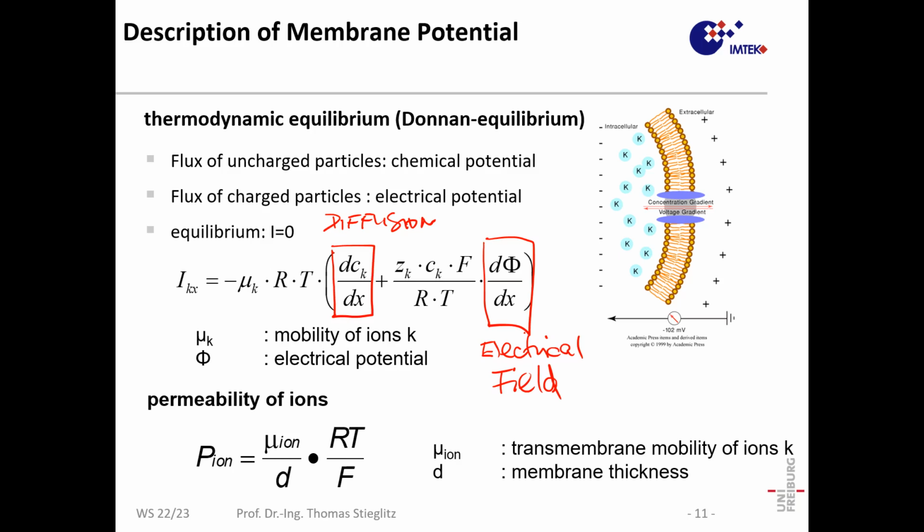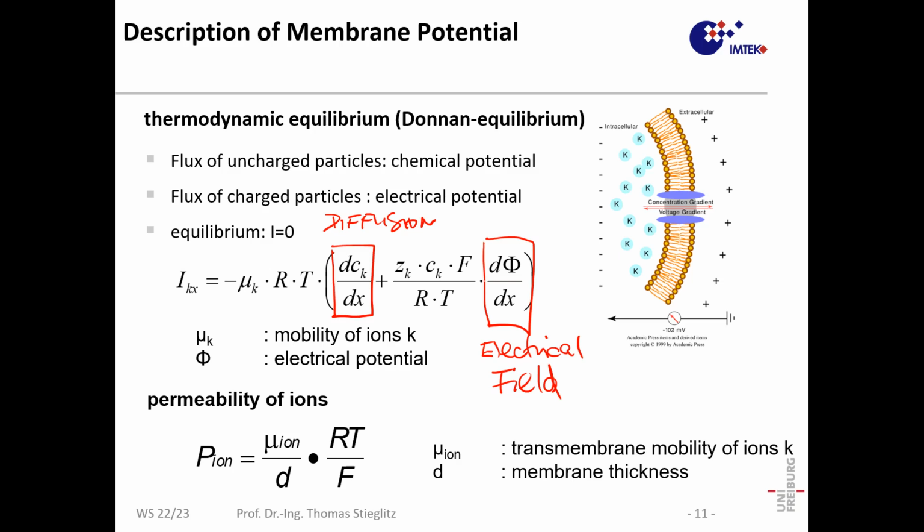And to know how much they are driven, we have, this is independent of gas constant and temperature, therefore we have them in a denominator to get rid of them with those here before, but we have their concentration, we have the charge number, and the Faraday constant, who tells us how much charge do we have per mole.